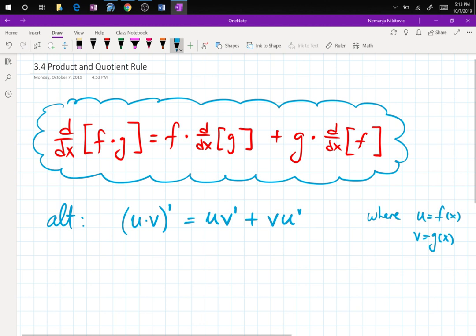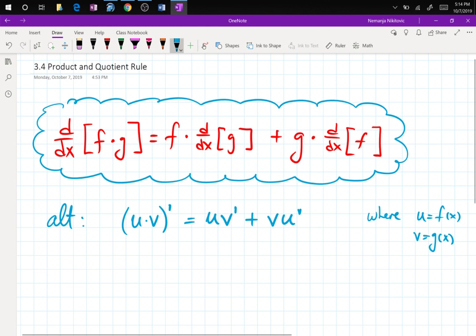Now, generally, I remember things visually because I'm a visual learner. But for whatever reason, I remember this formula through words. To this day, anytime I see a product rule, immediately in my head goes, copy the first, derivative of the second, plus the second times derivative of the first.